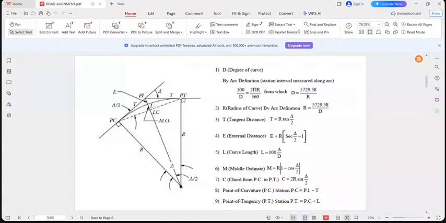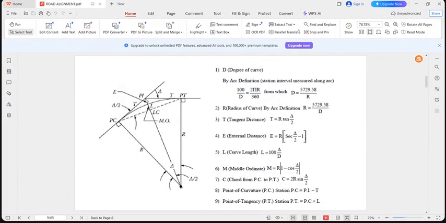That's what we call degree of curve. From this diagram we have a lot of elements which are very important for you as engineers, and those elements can be termed as follows.